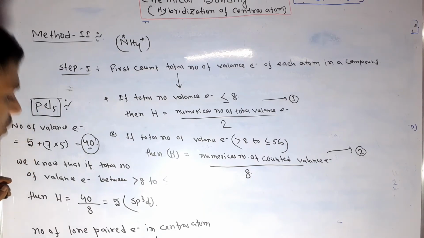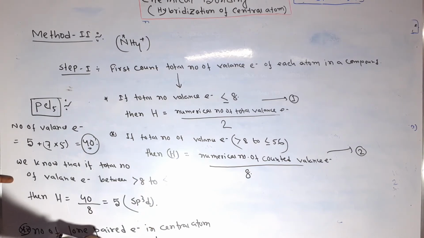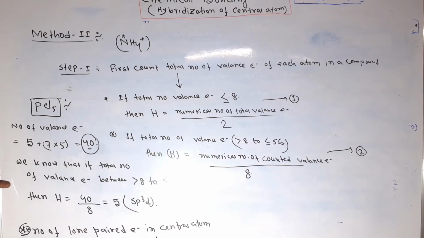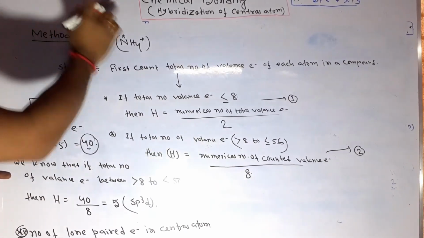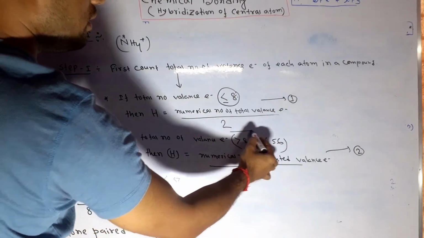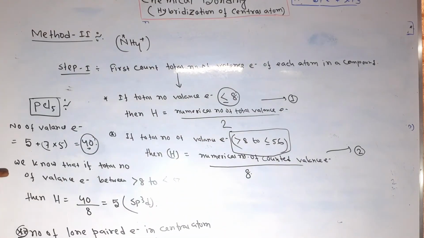So there is no lone pair electron. This is the procedure for finding the number of lone pair electrons in a central atom: hybridization number minus number of surrounding atoms. The hybridization number is 5, the lone pair is 0. These are the two processes: if the limit is less than or equal to 8, and second, greater than 8 to less than or equal to 56.